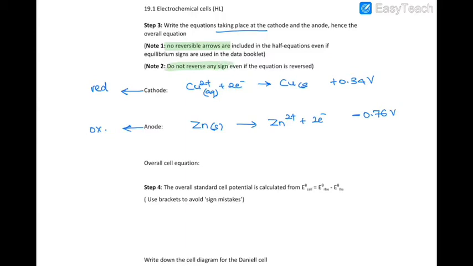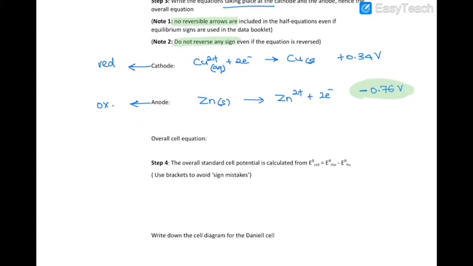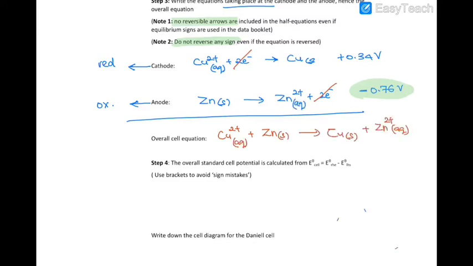Even if I have flipped the equation, I haven't flipped the sign, so the sign stays the same. For the overall equation, I'm just going to add these two. The electrons will cancel out, and I end up with the overall equation like this.